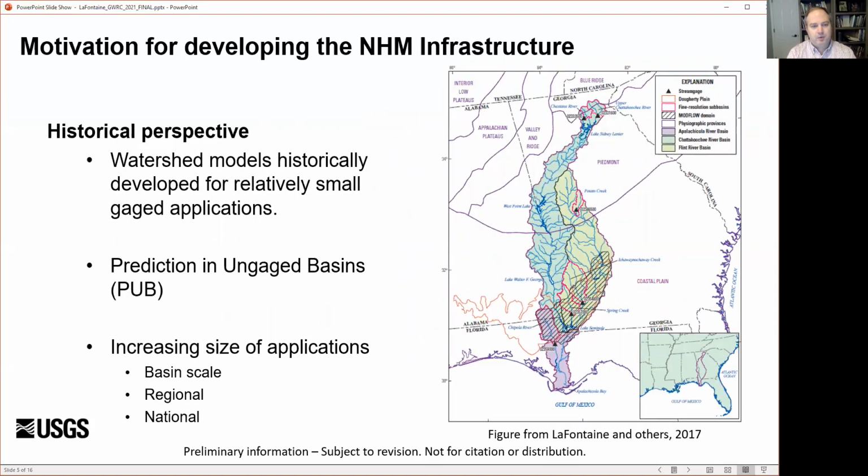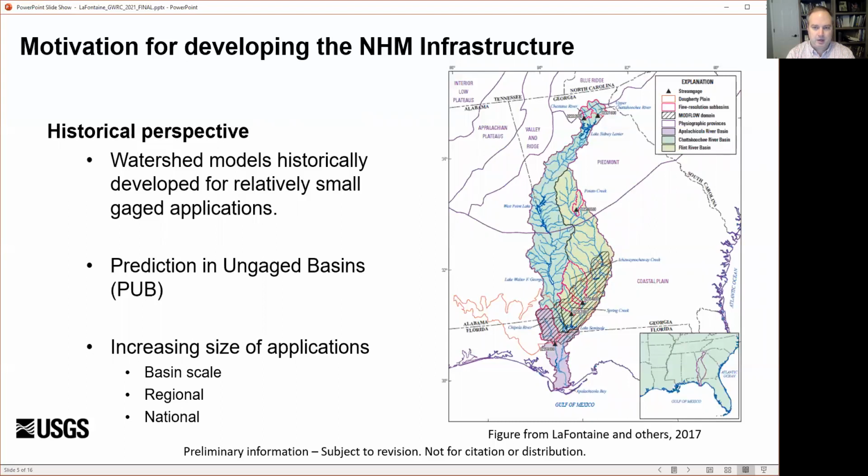In addition, when we look at how our modeling has developed in recent years, typically watershed models have been developed for, say, a smaller watershed that perhaps has a streamflow gauge at the outlet, and so you're just looking at that response at that one point.